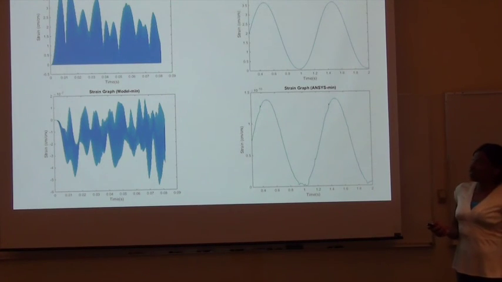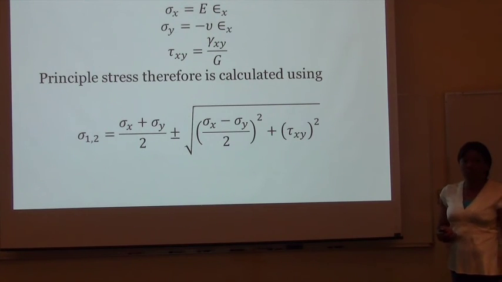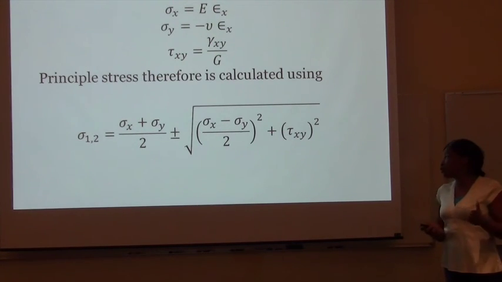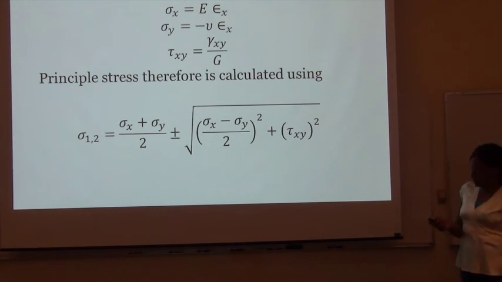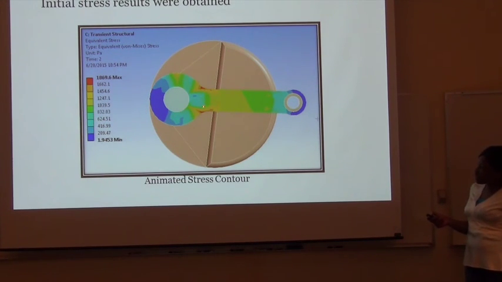But you could also get the stress coming out using Hooke's law. You could change strain into stress, and that's using these formulas right here. And we could see from our ANSYS model where we would have the areas of greater stress, as you could see here and right here.